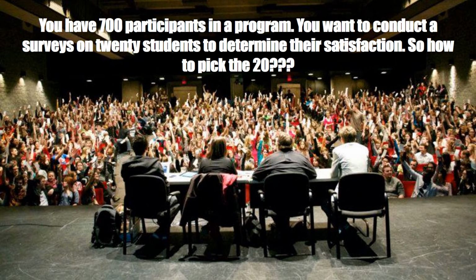It is only really random if every one of the 700 has a chance of being picked. First, we can number our participants from 1 to 700 and use the table to collect numbers 1 to 700. But we need to be fair. We have to be consistent. We will create a list of 3-digit numbers so we can capture 1 to 700.